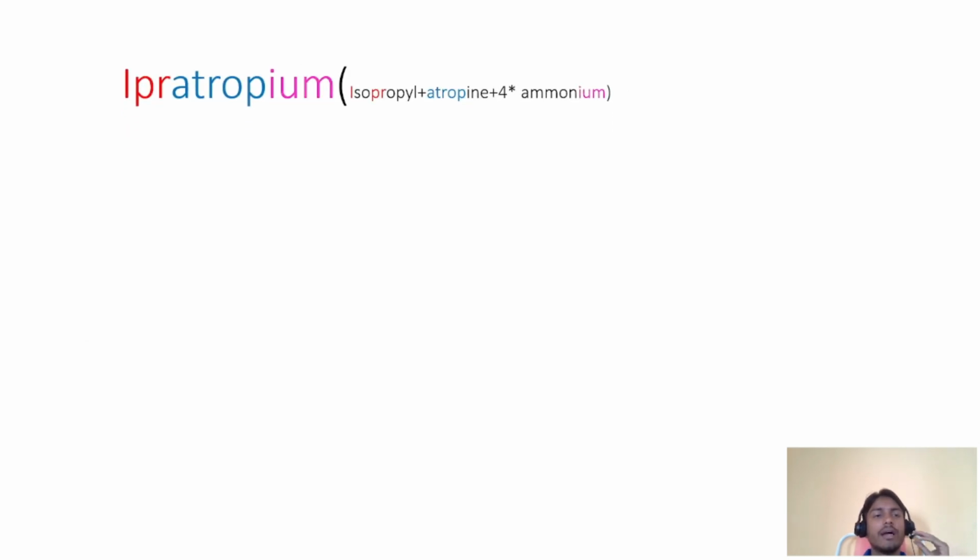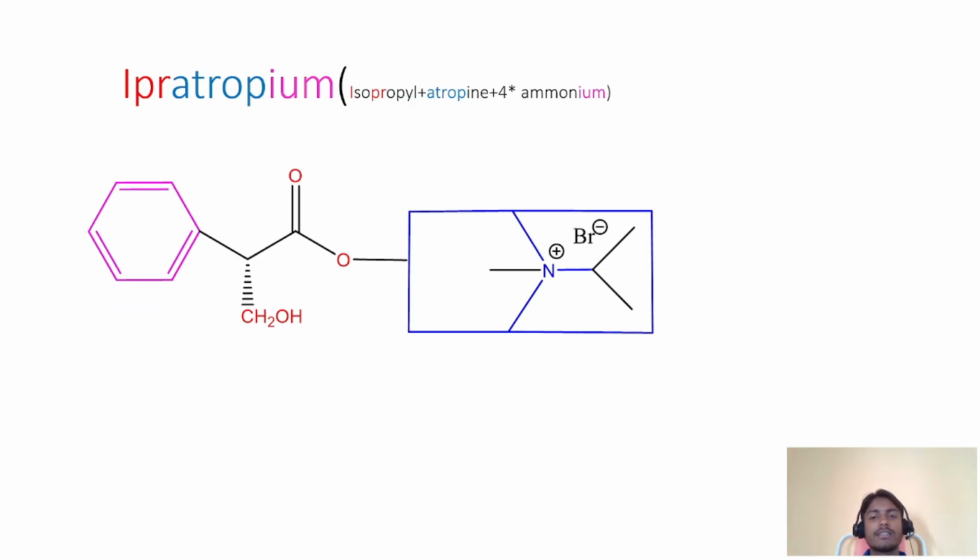Next comes ipratropium bromide and tiotropium bromide. So this is the structure of ipratropium bromide. See, what is the name? How is it derived? Ipra is nothing but isopropyl. An isopropyl group is there. Next, atropine is there.